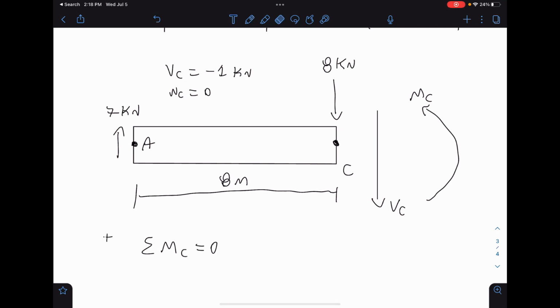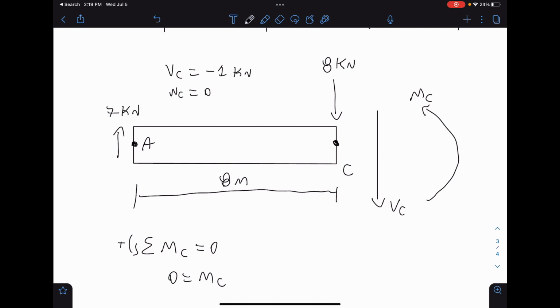So we actually include our bending moment. Don't be confused by the fact that we took the moments about C. We include our internal bending moment here. We don't include the moment at C, but we include our internal bending moment at C. So that's MC. That's our unknown, actually.